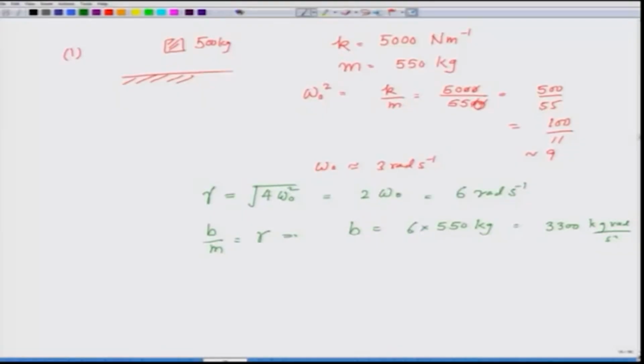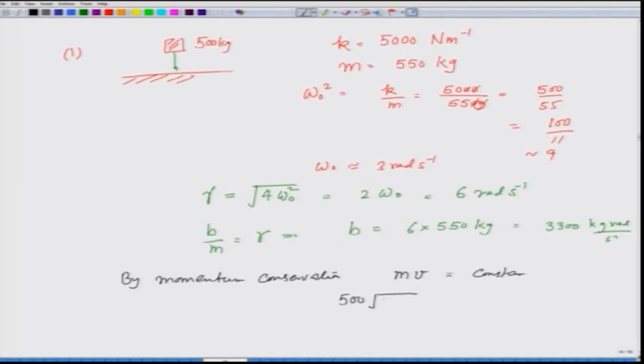Now, what is happening is, as this mass falls on the platform, it is going to have initial speed. Now, by momentum conservation, I am going to have mv is equal to constant. So, I have 500 kgs falling from a height of 1 meter.